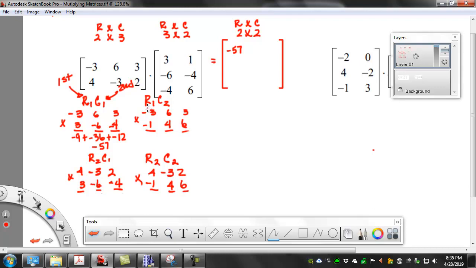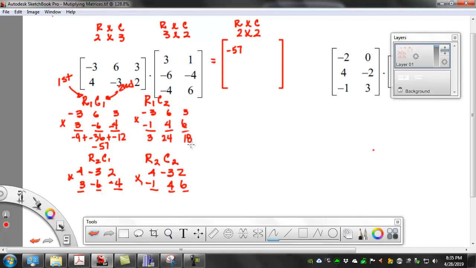Now let's do my first row, column 2. Negative 3 times a negative 1 gives me a positive 3. 6 times 4 gives me 24. And then 3 times 6 gives me 18.